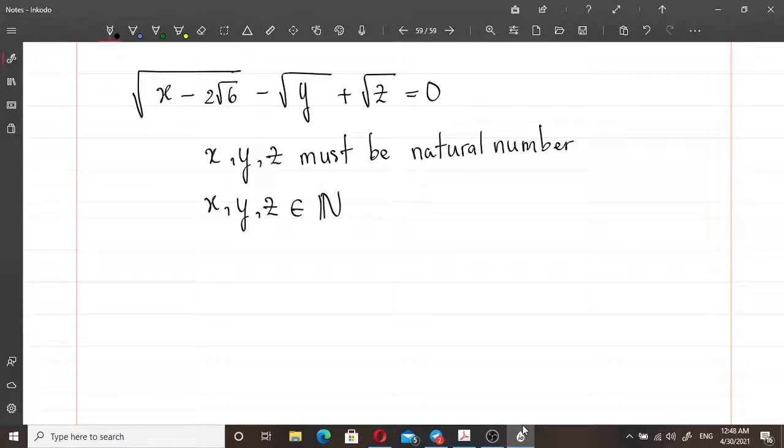In order to solve this equation, we first add the square root of y and subtract the square root of z on both sides. So we get the square root of x minus 2 square root of 6 is equal to square root of y minus square root of z.